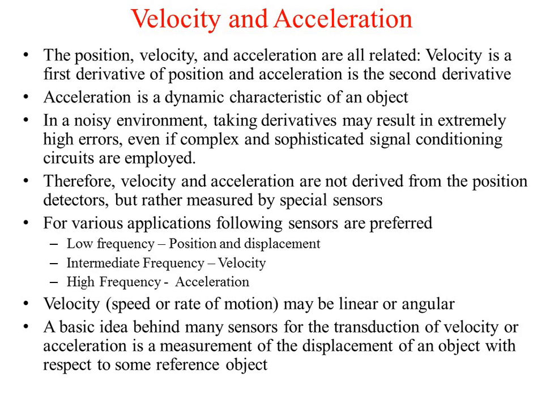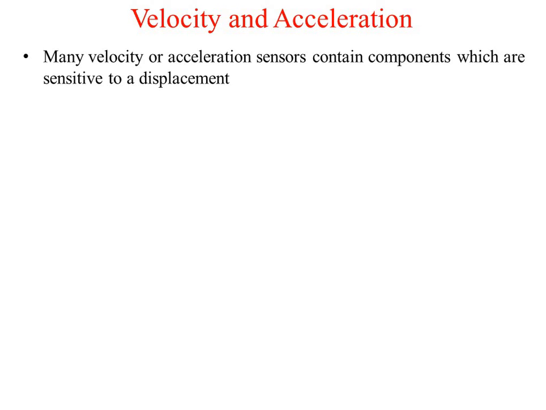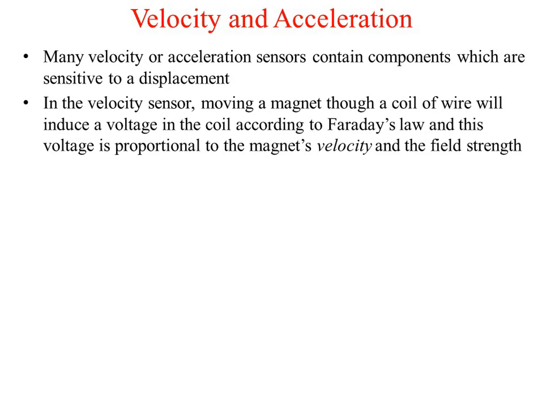Whenever you want to measure a velocity, first you have to measure the displacement, and that displacement will be with respect to some reference object. Many velocity and acceleration sensors contain components which are sensitive to displacement. That means sensors which are sensitive to displacement can be deployed for velocity and acceleration.